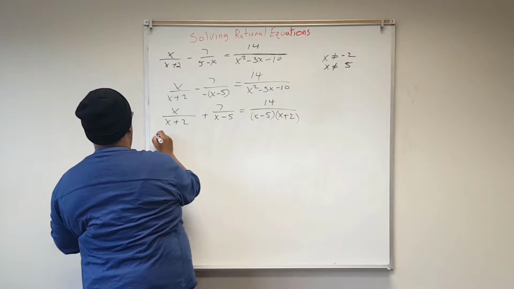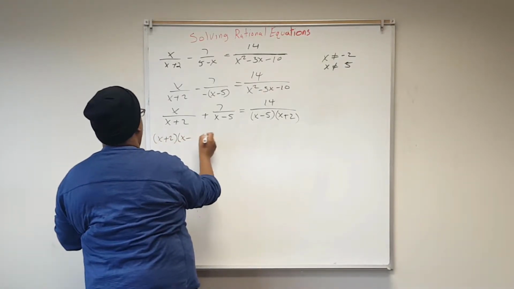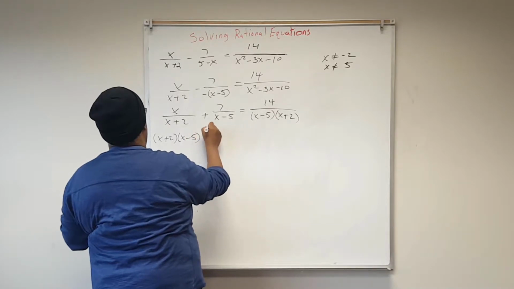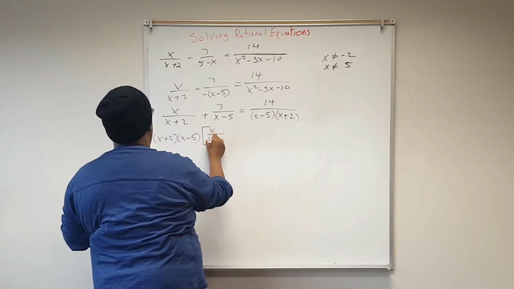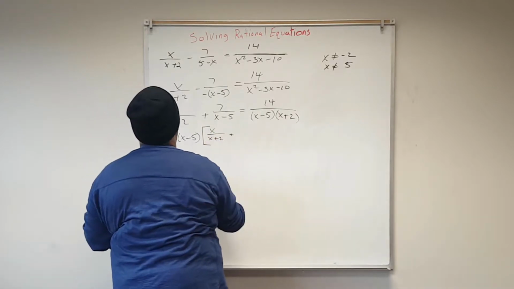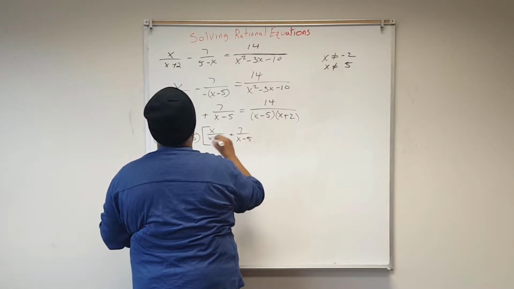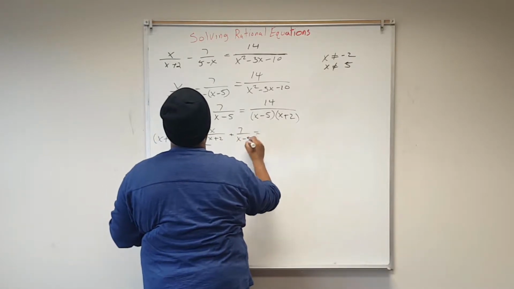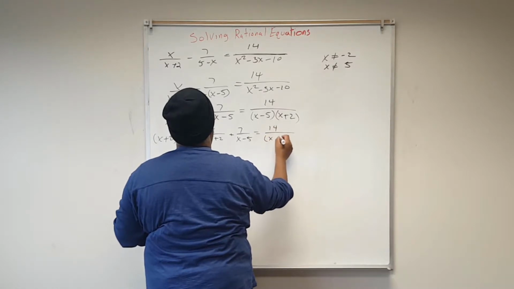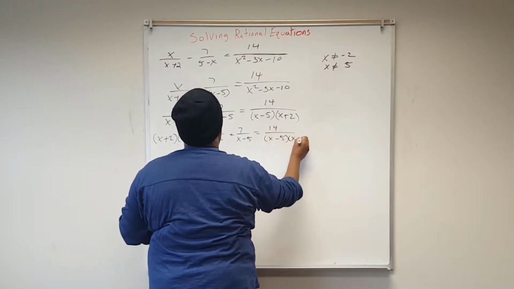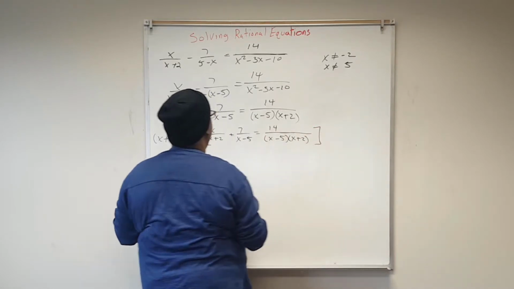Multiply by the LCD, x plus 2, x minus 5, times the whole equation, x over x plus 2 plus 7 over x minus 5 equals 14 over x minus 5, x plus 2, close bracket.